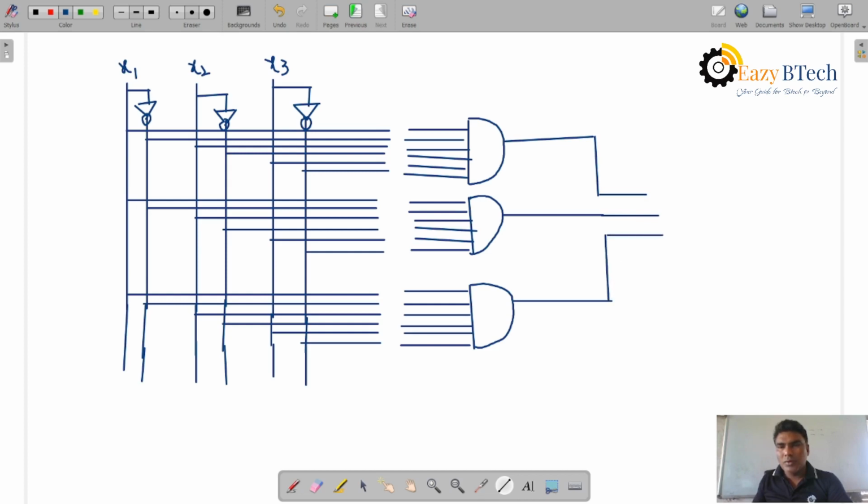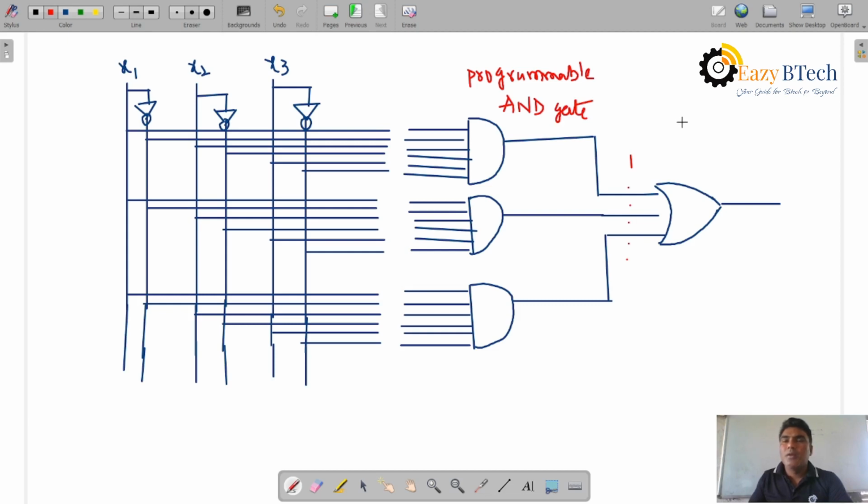As we said, this is a programmable AND gate, and externally this is a fixed OR gate.